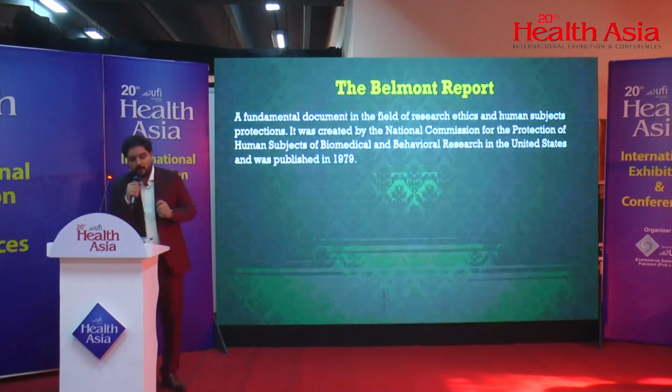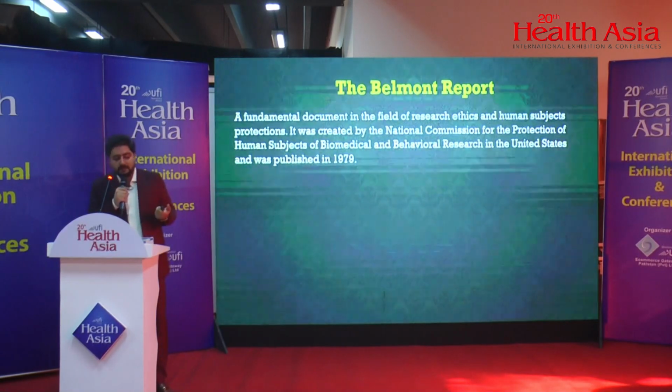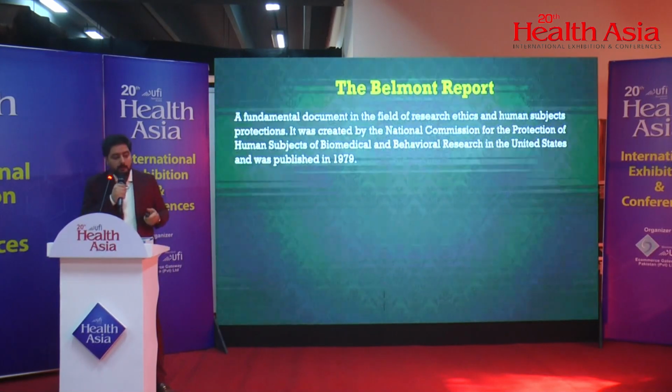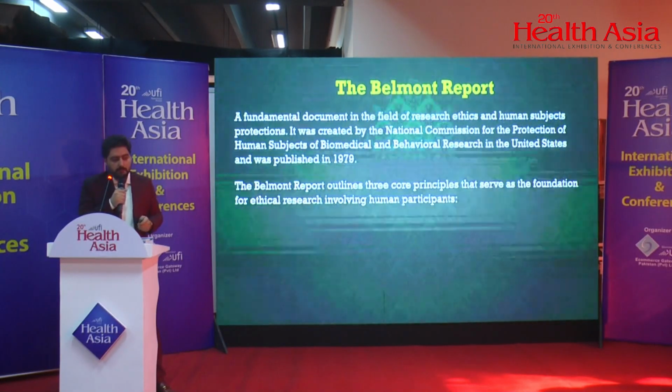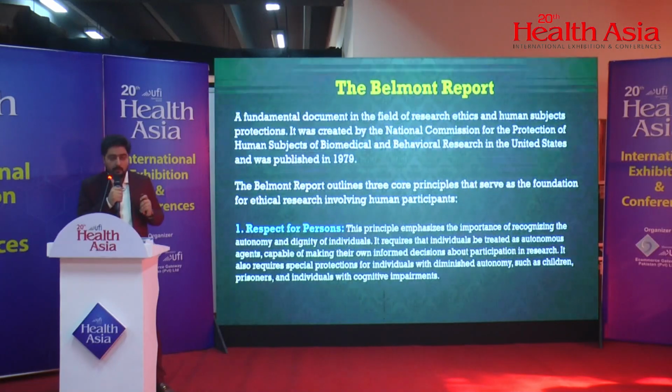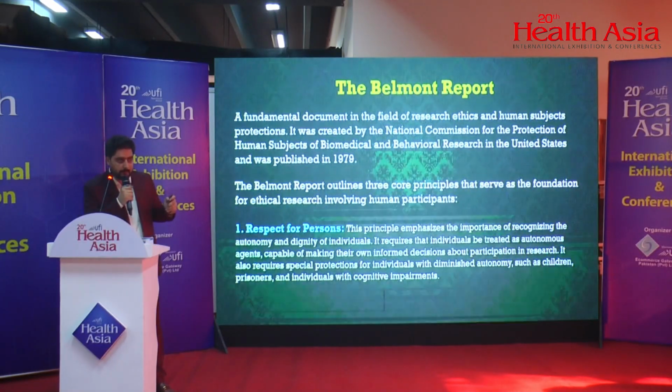It is a fundamental document in the field of research ethics and human subjects protection. It was created by the National Commission for the Protection of Human Subjects of Biomedical and Behavioral Research in the United States. It was published in 1979. The Belmont Report outlines 3 core principles. Those are: 1, respect for persons, meaning the subjects.